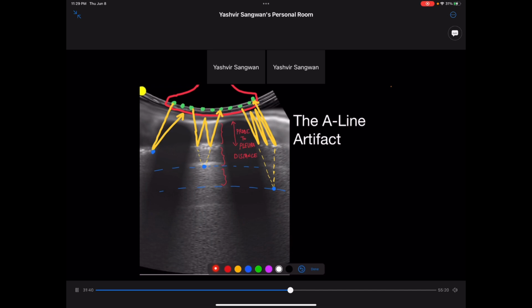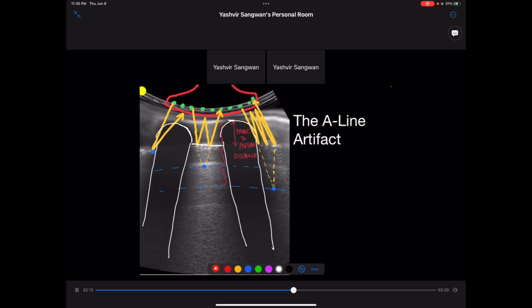Once you see the rib, it is made up of bone, so everything gets reflected. So you have an acoustic shadow below that. And then you see another rib, and there is an acoustic shadow below that. The first shiny line, about 0.5 to 1 centimeter below the rib surface, is the pleural line. Okay? And below that is air.